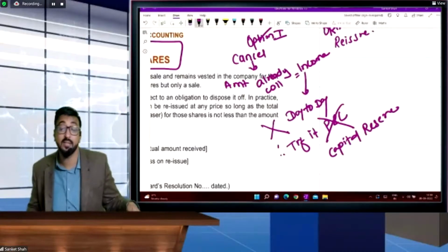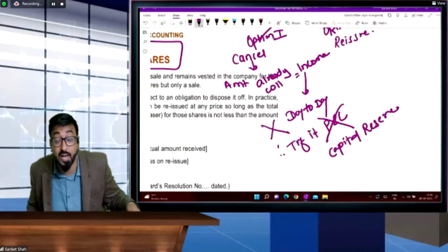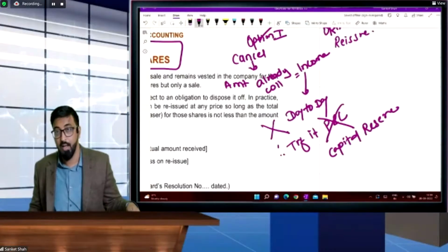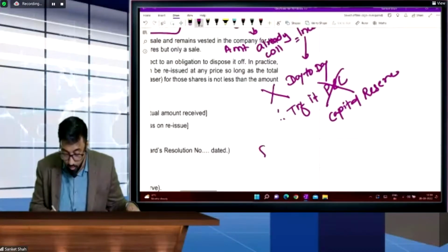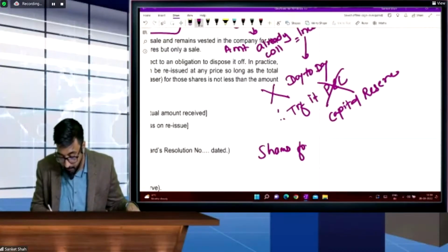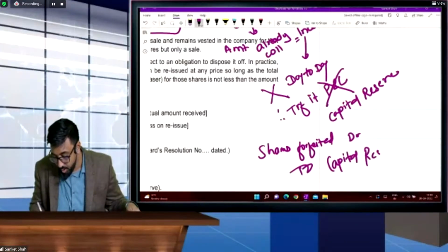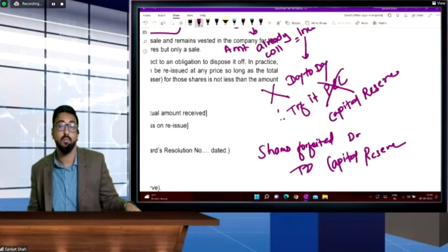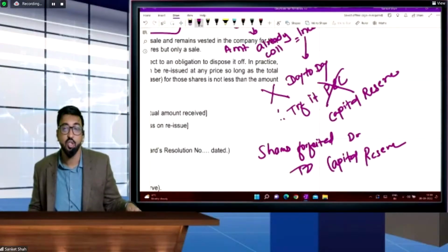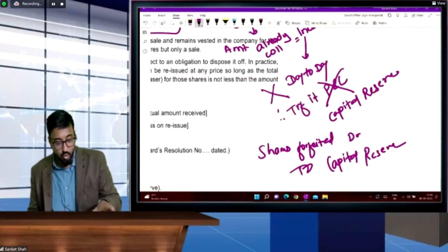Why is it transferred to capital reserve? Because this is not day-to-day income, sir. Therefore, whatever balance is in shares forfeited, we transfer to capital reserve. Shares forfeited account debit to capital reserve. What is the entry? Shares forfeited account debit to capital reserve.